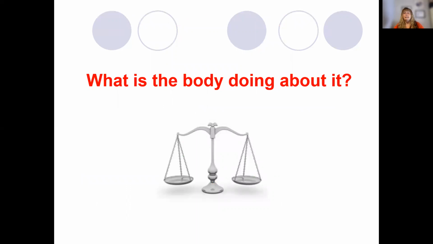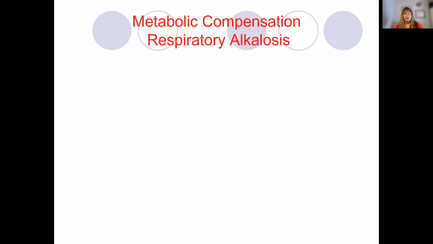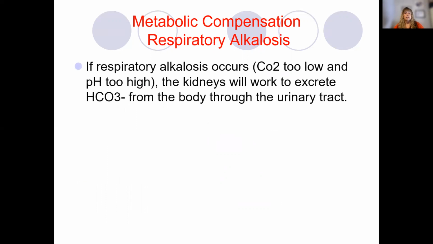So what is the body doing about it is the second question. We know it's a respiratory alkalosis. Metabolic compensation with respiratory alkalosis occurs because the CO2 is too low and the pH is too high. The kidneys will begin to work to excrete bicarbonate from the body through the urinary tract.